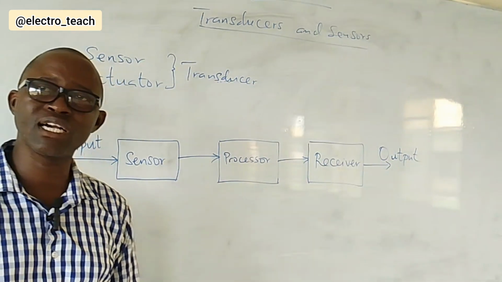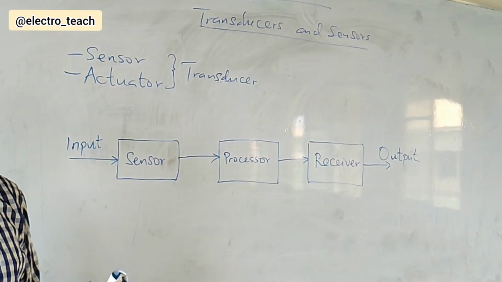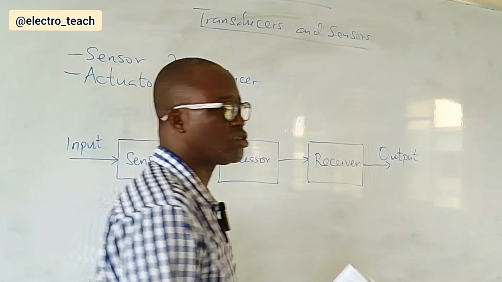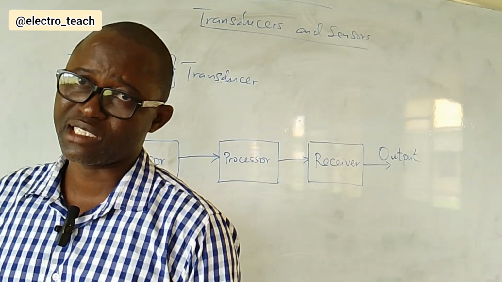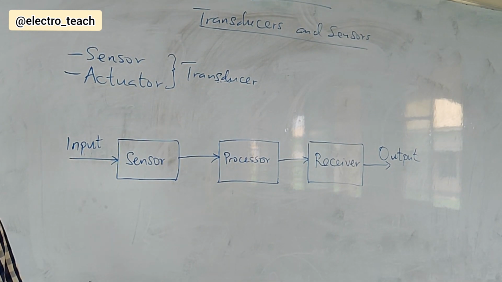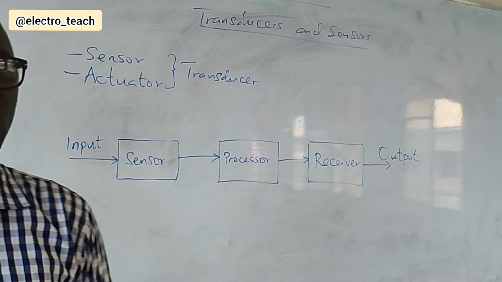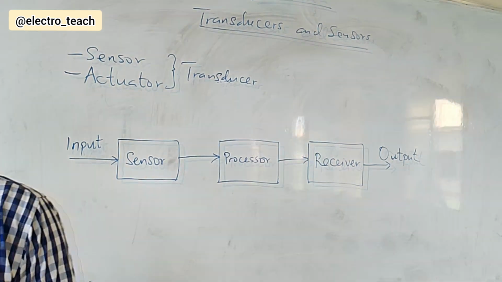We said transducer can convert energy from one form to the other. Now, in nature, there are so many variables that are in form of energy that change from one form to another. And as an electrical engineer or engineering student, you must be aware that various forms of energy can be converted into electrical energy.